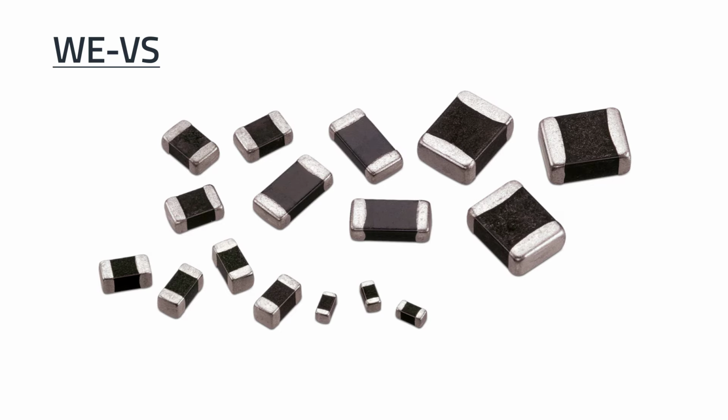Based on this value and the available space in the application, a surface mount multi-layer varistor is selected, which serves as the basis for the decision. So in this case, we're using the WE-VS, and this varistor, whose operating voltage is 5.5 volts and is therefore slightly below the required operating voltage, can be used.